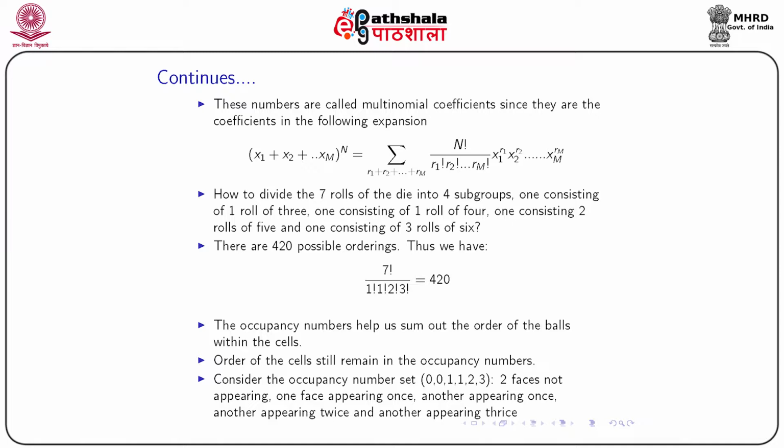The occupancy numbers help us sum out the order of the balls within the cells, while the order of the cells still remains in the occupancy numbers. So consider the occupancy number set 0, 0, 1, 1, 2, 3. In this example, 2 faces are not appearing, one face appears once, another appears once, another appears twice and another appears thrice.